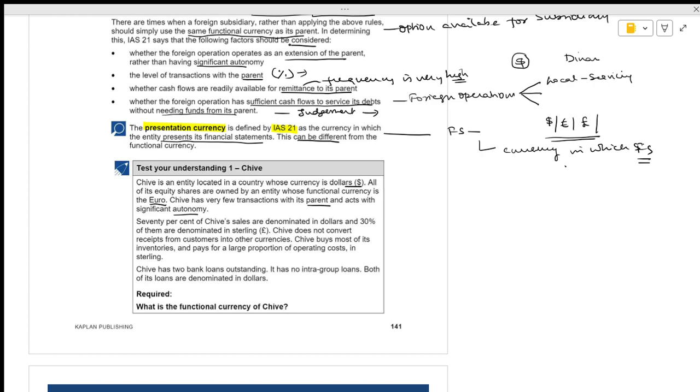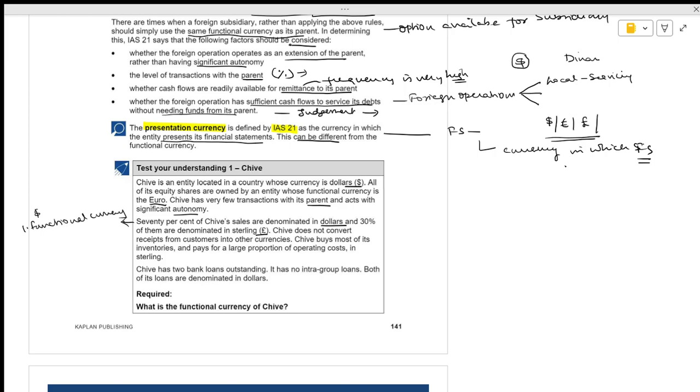Now 70% of Clive's sales are denominated in dollars. When we say it is 70%, this is one of the criteria to say that the functional currency is dollars. And 30% are denominated in sterling.